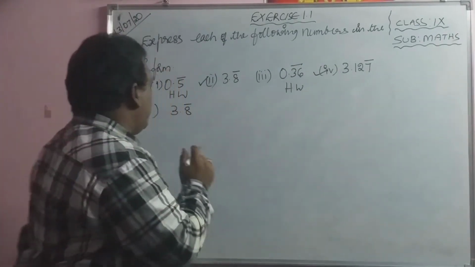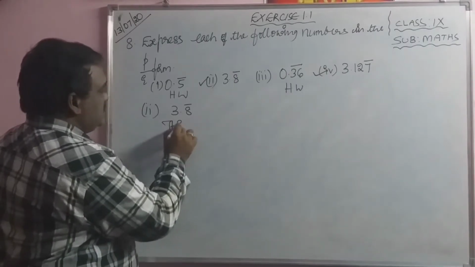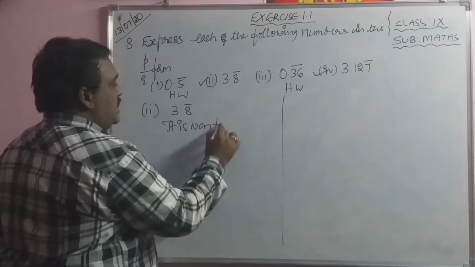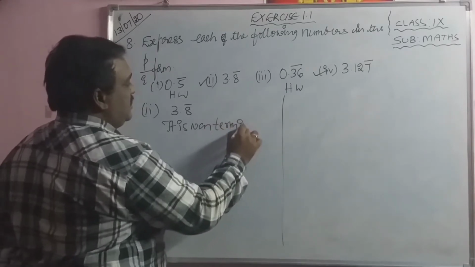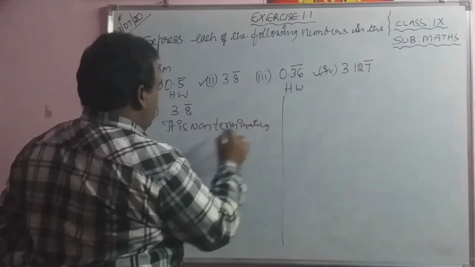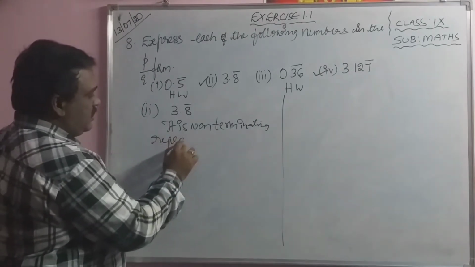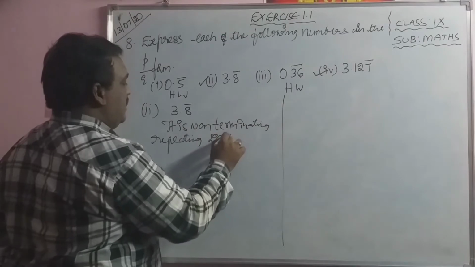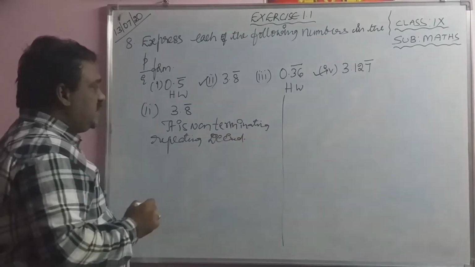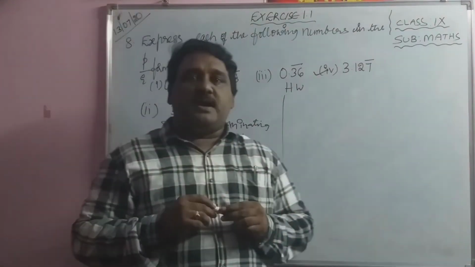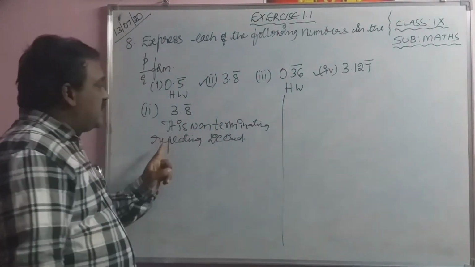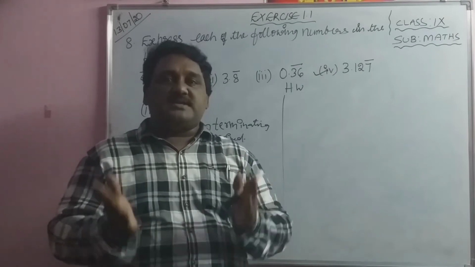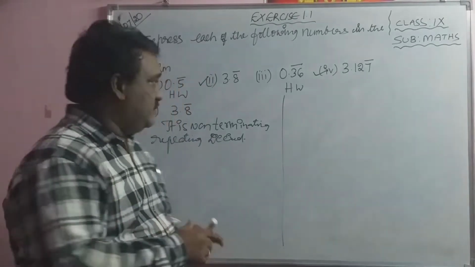Write down neatly: 3.8 bar is a non-terminating repeating decimal, since 8 is repeating.